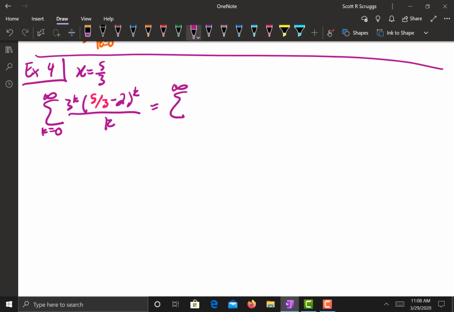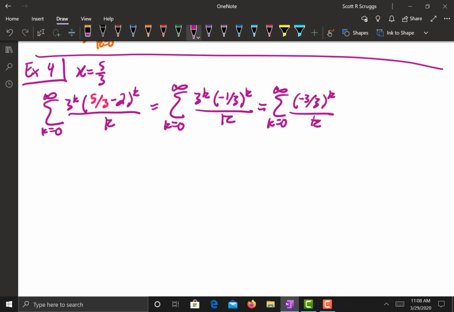So I get the sum, k equals 0 to infinity, 3 to the kth power, negative 1/3 to the kth power over k. I get to use my property from before to note that 3 times negative 1/3 is negative 1. And because I have the same exponent k, I can combine to give me negative 3 over 3 to the kth power over k, and everything in here simplifies down to negative 1 to the kth power over k.